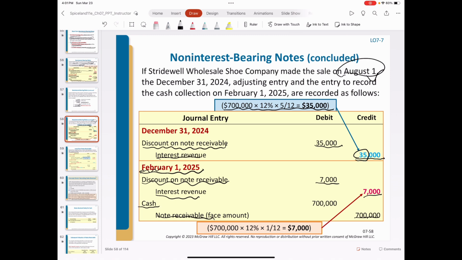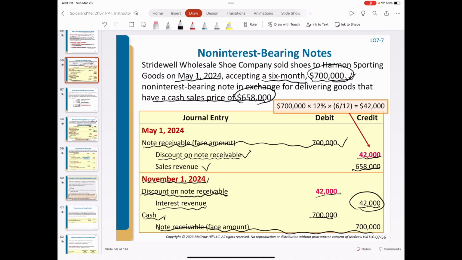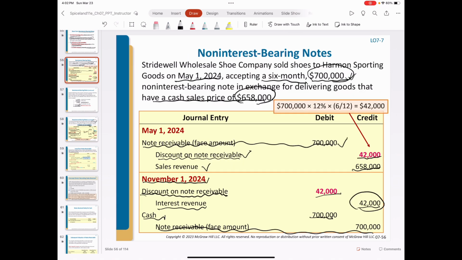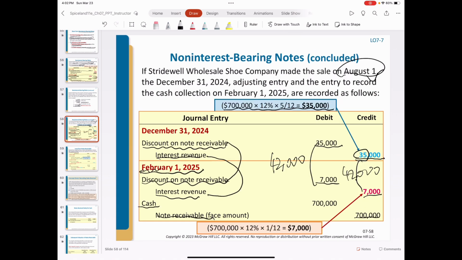So the difference of this scenario with this one is this. Look, if we ignore the dates, these two accounts, if we combine, the sum of them are $42,000. Okay, so the amount is no different from the example here. In this scenario, the end of fiscal year is in the middle of the notes.